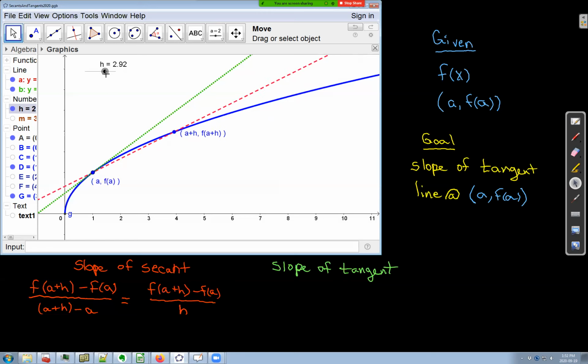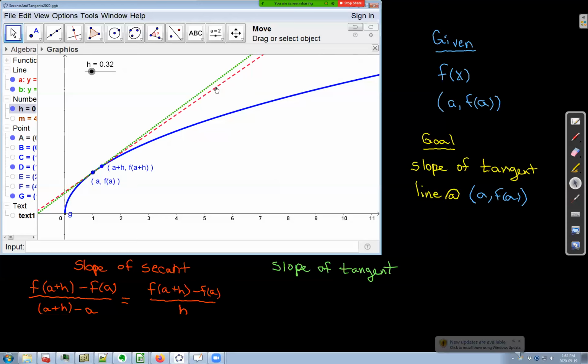So as h gets closer and closer to 0, that red secant line is getting really close to the green tangent line. And if the lines are getting close to each other, that must mean their slopes are getting close to each other, because they're practically the same line.